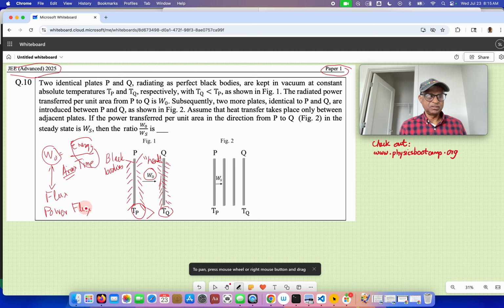You have a similar concept in electricity, like electric field flux and magnetic field flux. So flux is a concept like something per unit area, usually per unit time.